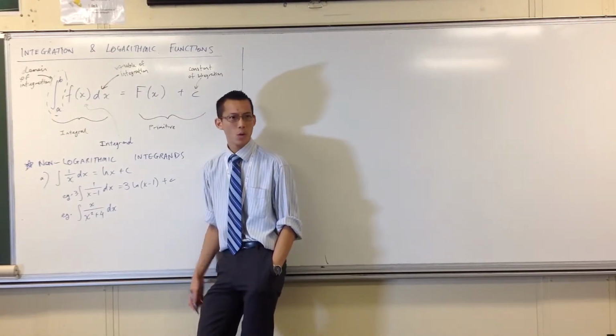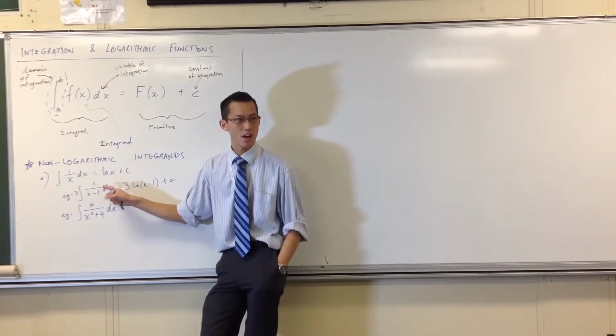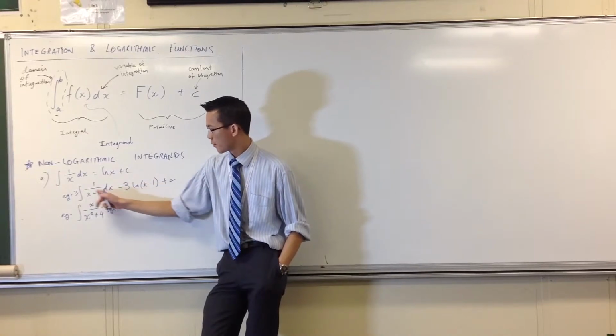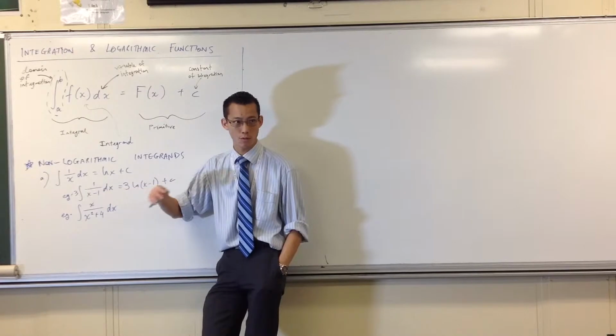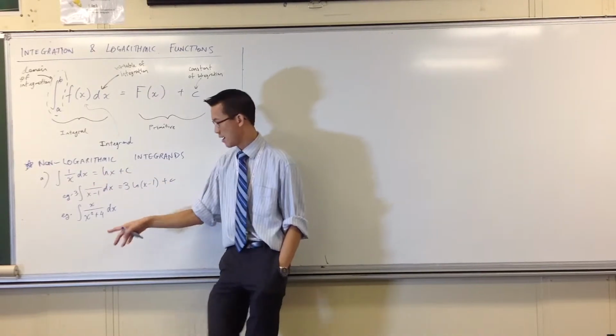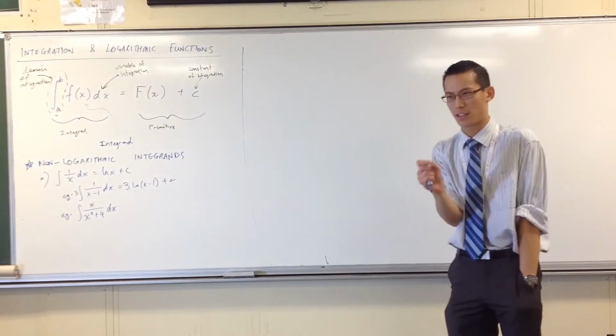What are we looking for? What we've got is some function on the bottom and its derivative on the top, so broadly speaking, f dash on f. I don't have f dash on f here, but I can with a little bit of twisting and turning. What should I do?